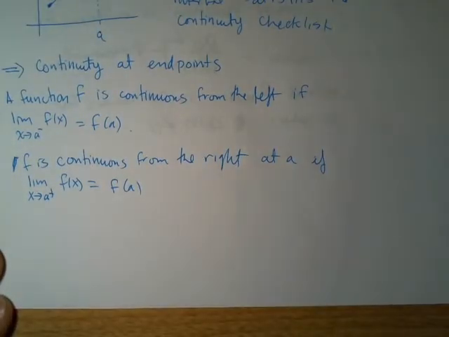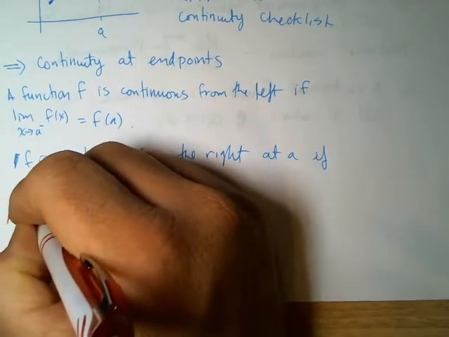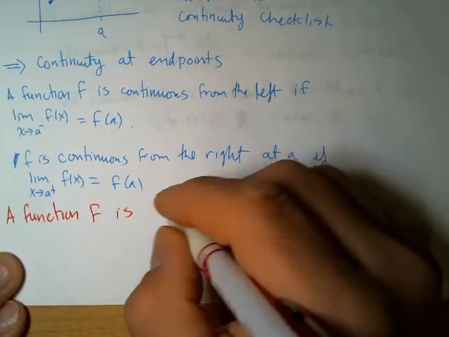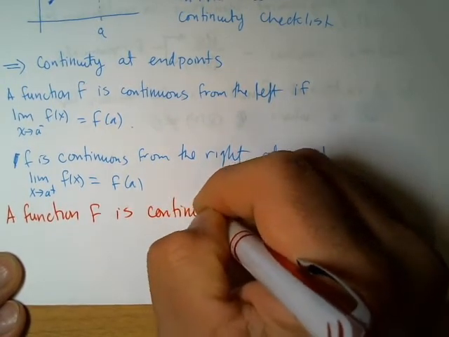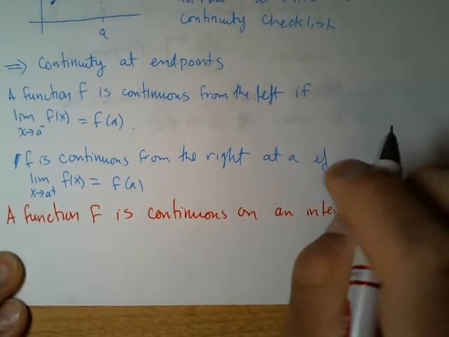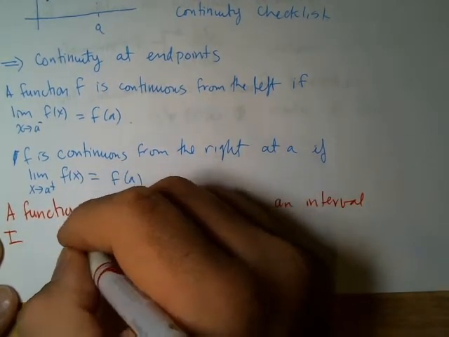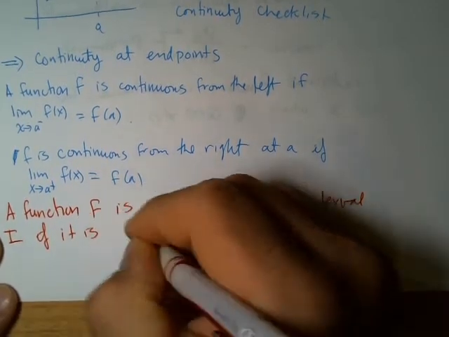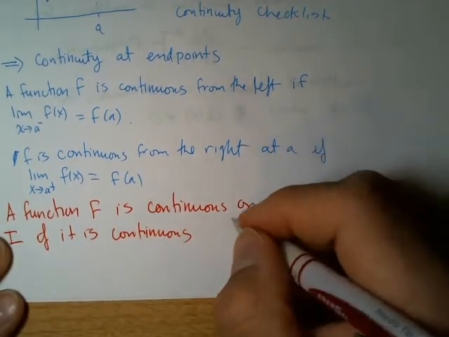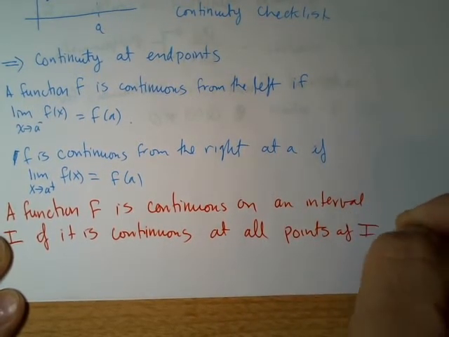We'll say that a function f is continuous on an interval I if it is continuous at all points of I. Right, and I is just some interval.